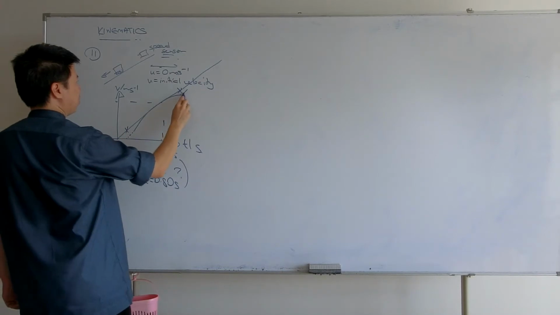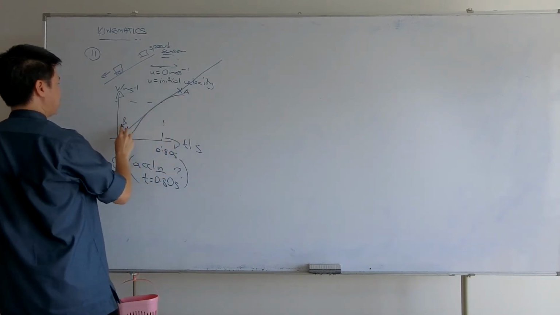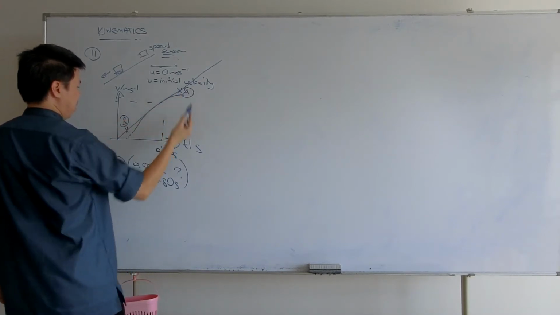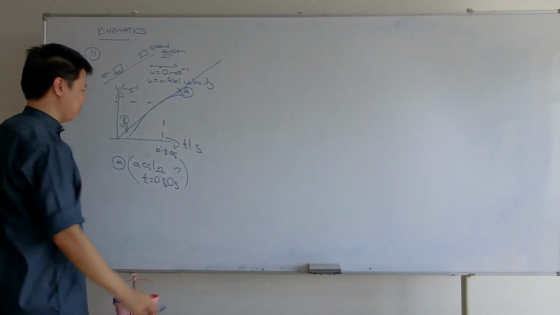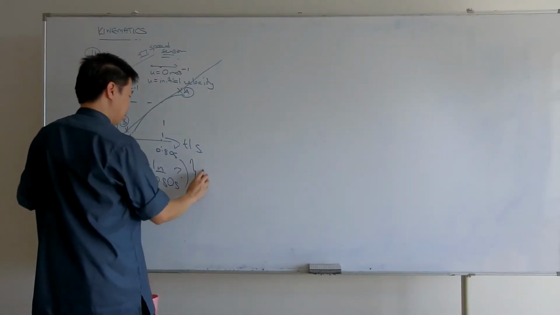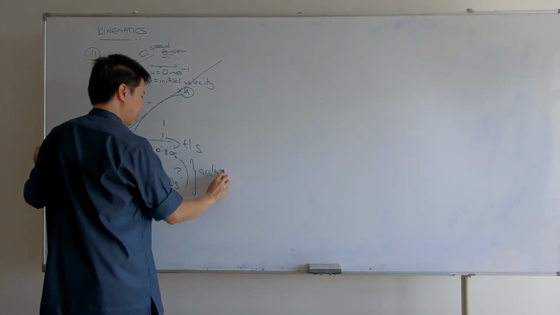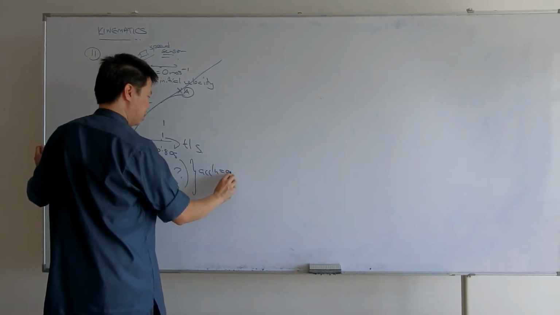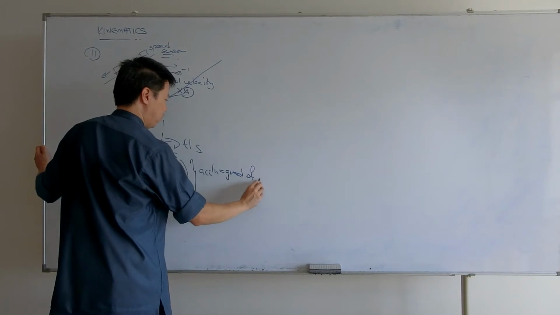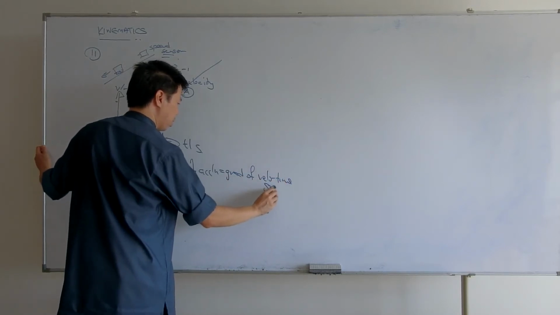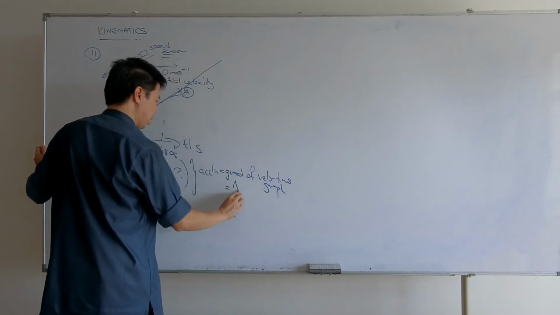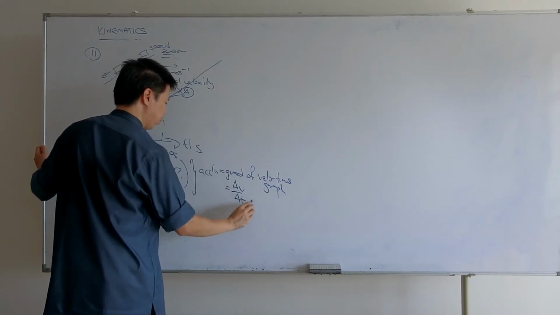Let's call these points A and point B, and then you find the gradient, and that will be your acceleration. So acceleration is equal to the gradient of the velocity-time graph, which is just delta v over delta t.